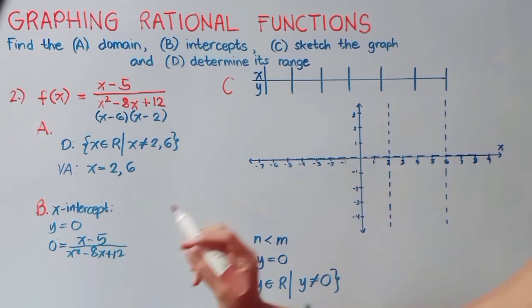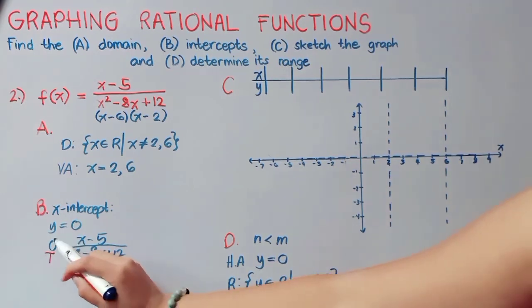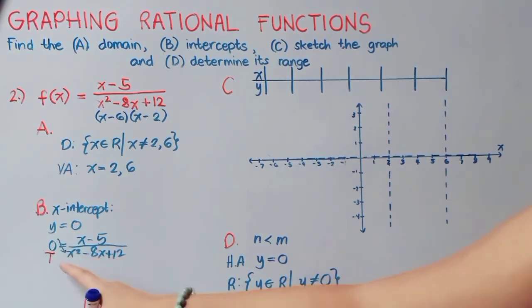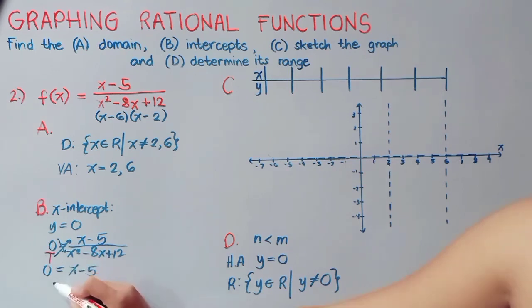Now we can cross multiply since the denominator of 0 is 1. This will give us a product of 0, and 1 times x minus 5 is x minus 5. So we will get the value of x by transposing. Negative 5 will become positive 5. So x is equal to 5.